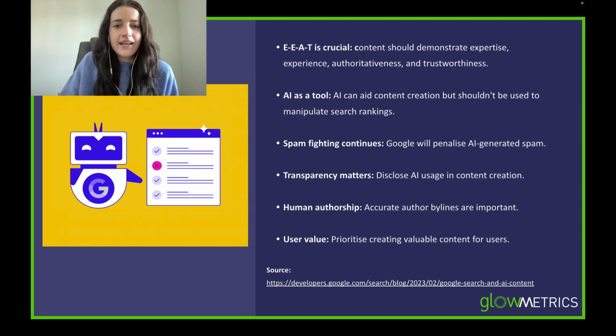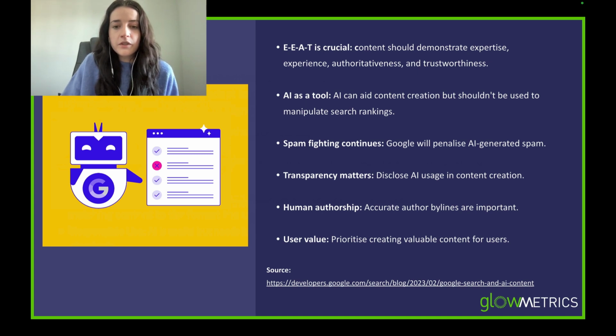And using AI as a tool. AI can aid content creation, but it shouldn't be used to manipulate search rankings. And spam fighting continues. Google will continue to penalise AI generated spam. That's more around content on your site being just thrown up, not checked, things like that. It's always going to prioritize the more EEAT content over general AI generated content.